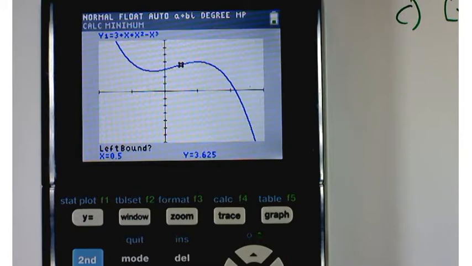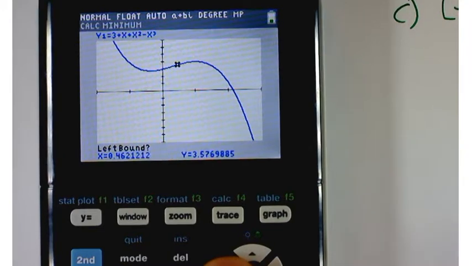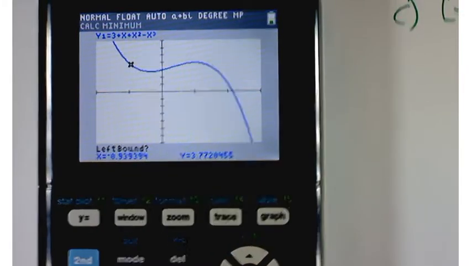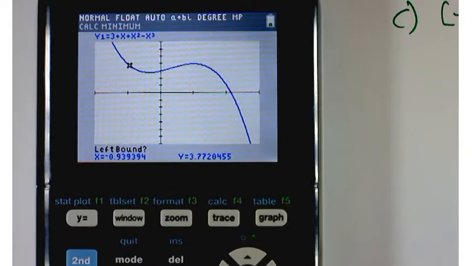You need to tell it the left bound. So go to the left of your minimum using the left arrow, and when you get to some point comfortably to the left of that, press enter.